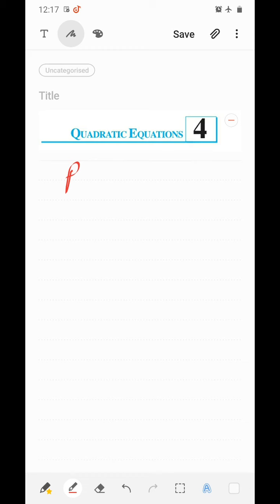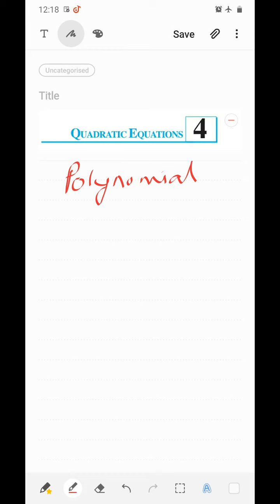Now we are going to discuss the fourth chapter, quadratic equations. We know polynomials. We studied classification of polynomials in terms of number of terms and also in terms of degree of polynomials.